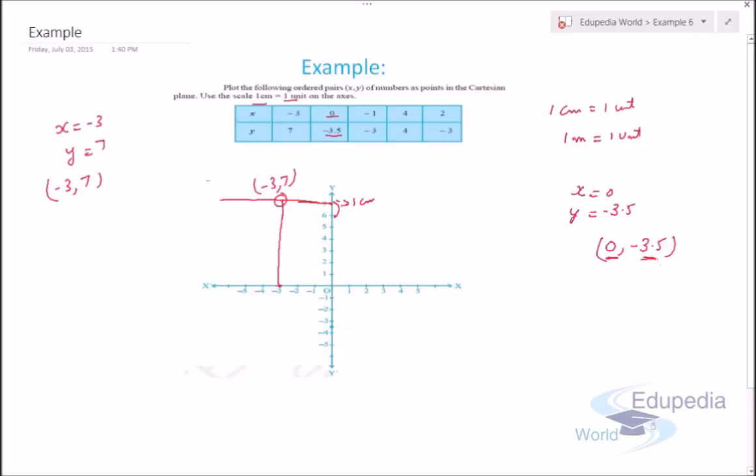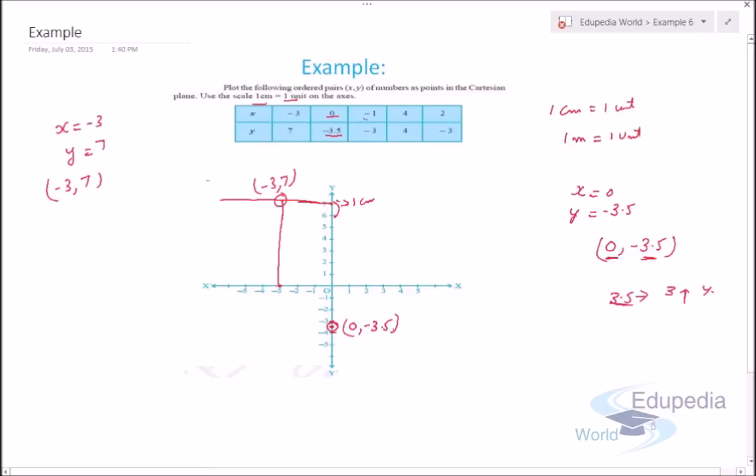Now 3.5, the number will lie between 3 and 4. This point 3.5 will lie exactly in the middle of number 3 and 4 because it is 0.5. So this point is minus 3.5. So we can write it like 0 and minus 3.5.